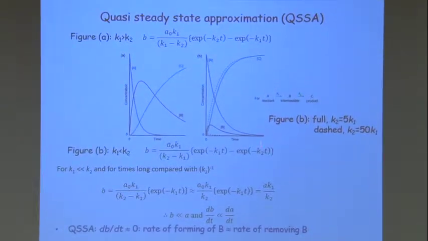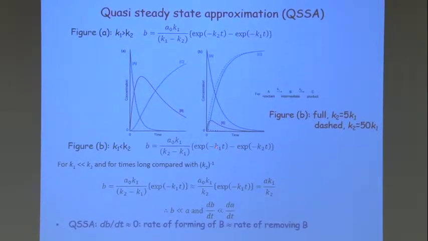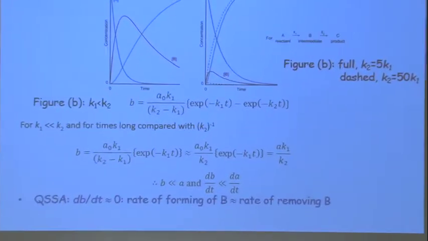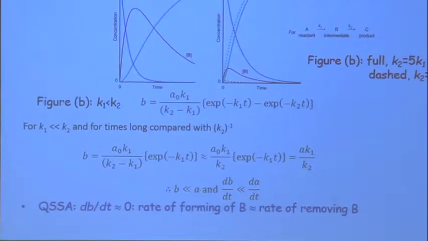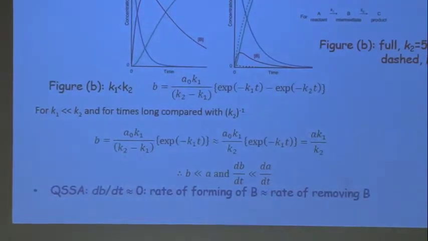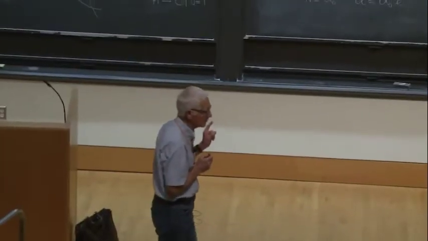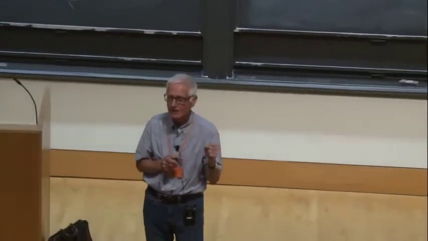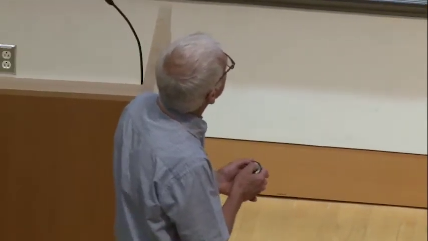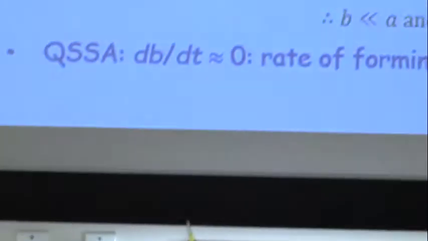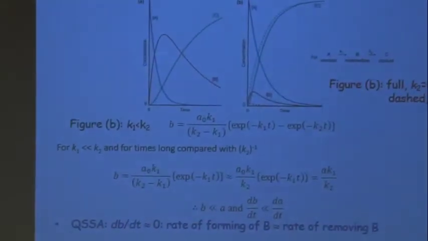Now the buildup is determined by its loss, and its decay is determined by its production. A strange situation, but one which arises because we've reversed these terms here. So B is again building up quickly, but determined by the high rate constant K2, and decaying away slowly, and its decay is now mirroring the decay of A. Okay?